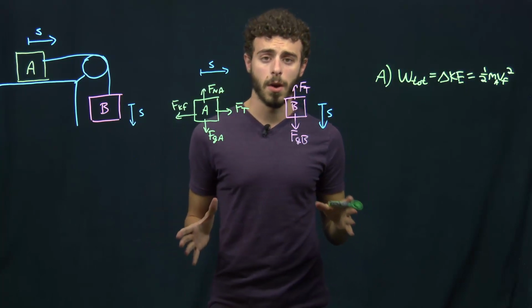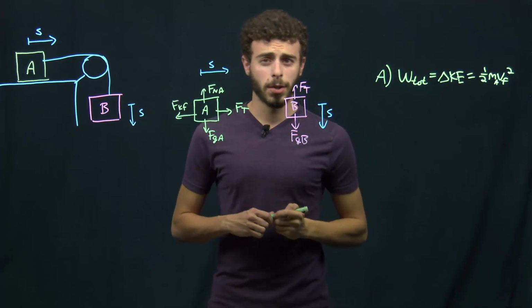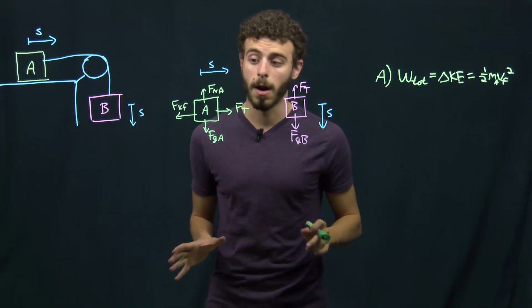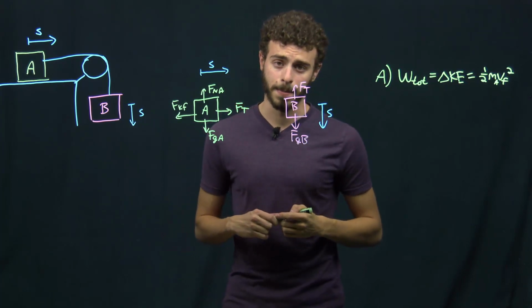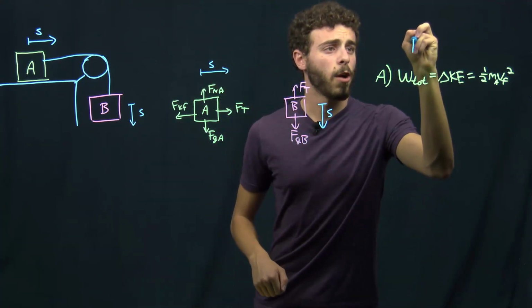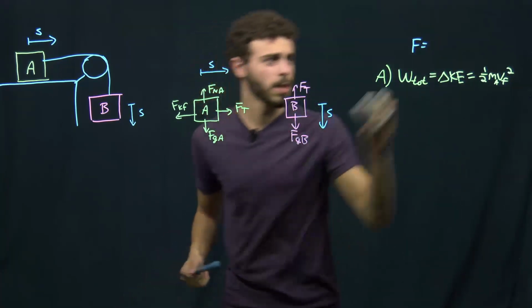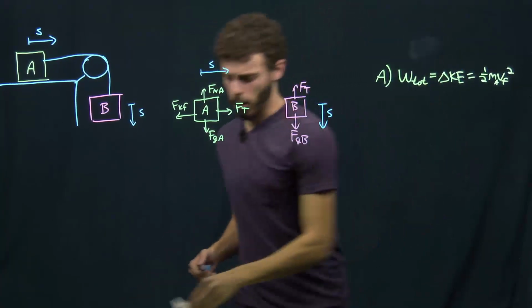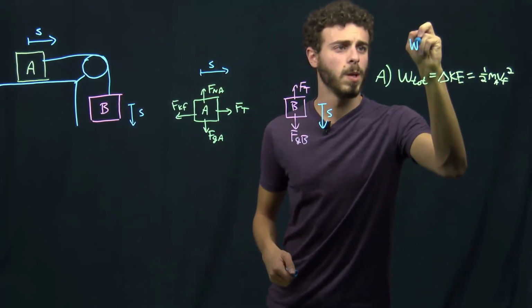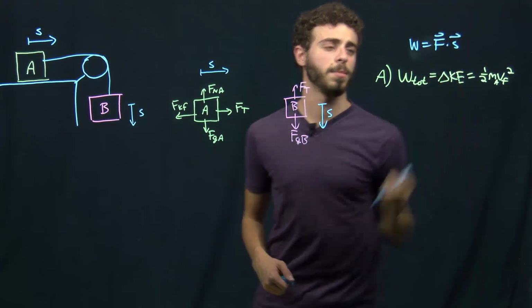The first thing to note here, and this is very important, is that the normal force and the gravitational force should not do any work on block A. We can see it one of two ways. Our work should be equal to our force, which is a vector, dotted with our displacement vector.